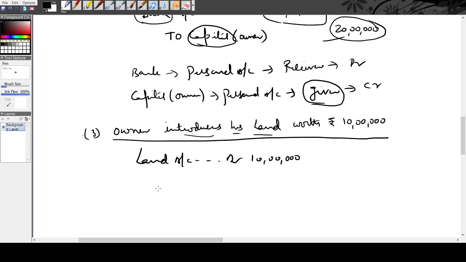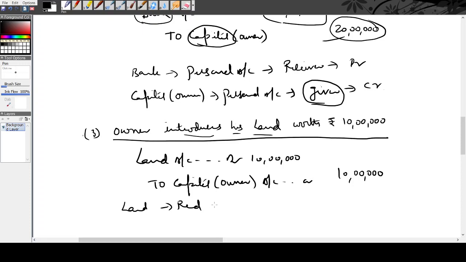Now, the business owes the money in return for land to the owner. You can say we'll record capital here because the owner has given this land to the business. So we are going to record capital. So what's the logic? Land, real account, debit what comes in.